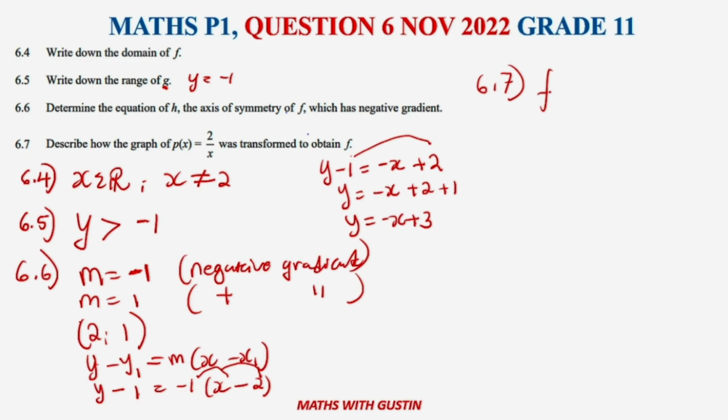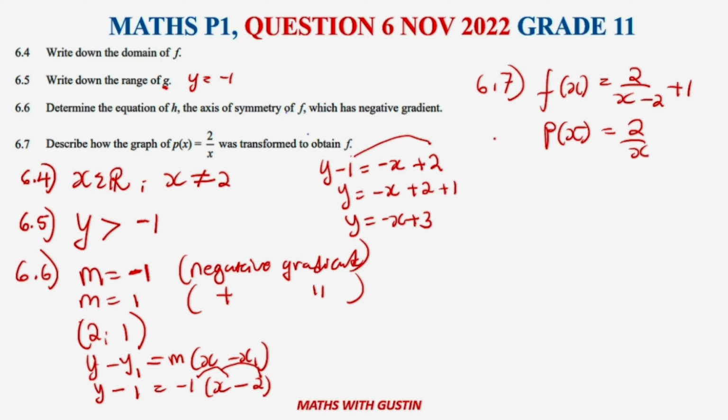If you can still remember, f of x was equal to 2 over (x minus 2) plus 1. Now they are saying this graph is p of x equals 2 over x. So what happened here? Basically, this 2 is gone and the 1 is gone. How did the graph shift?